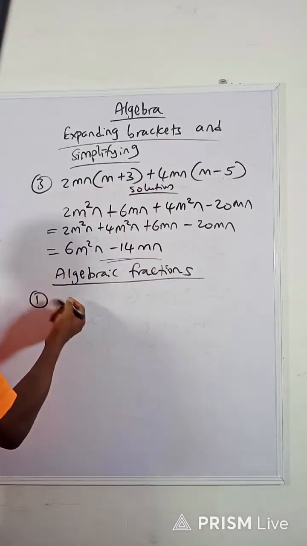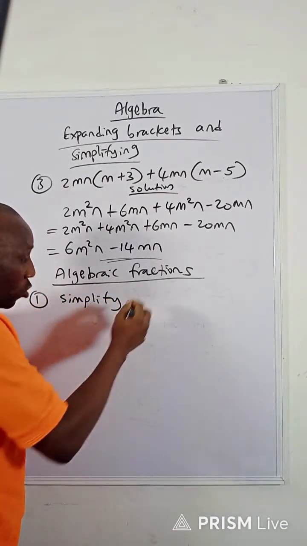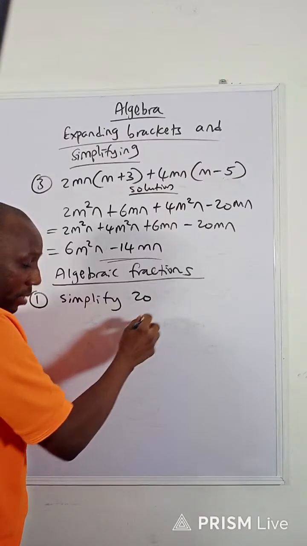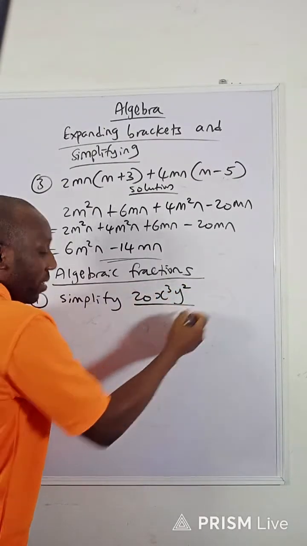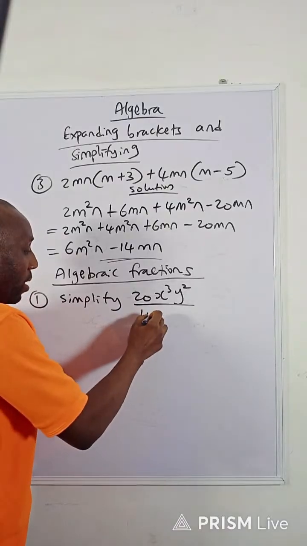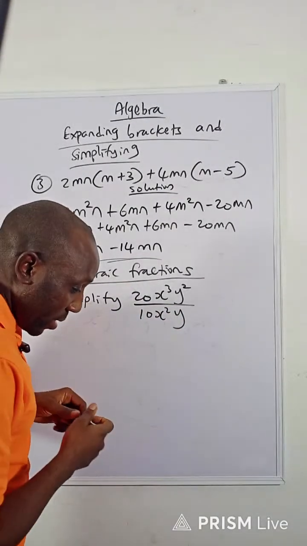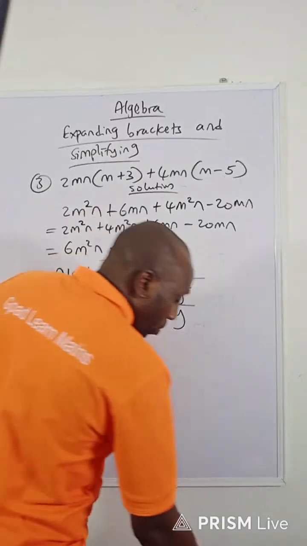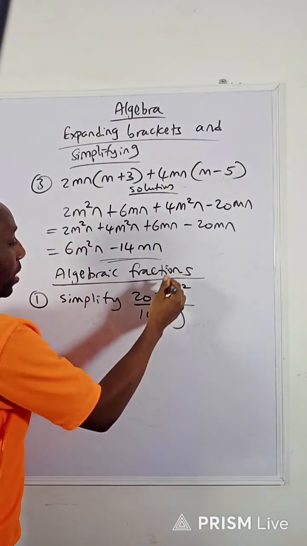So if you are asked to simplify this algebraic fraction, what are you going to do? 20x raised to power 3, y raised to power 2, all divided by 10x squared y. How would you divide this?